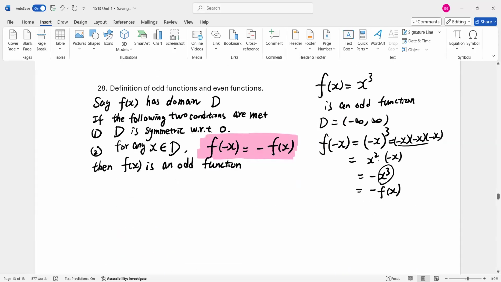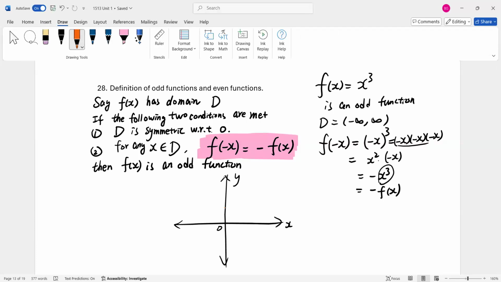And also, let's look at the graph of the cubing function. The graph of the cubing function passes through 0, 1, 1, and negative 1, negative 1. So the graph of a cubing function looks like this.